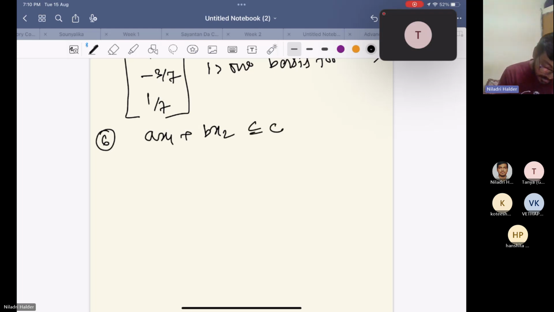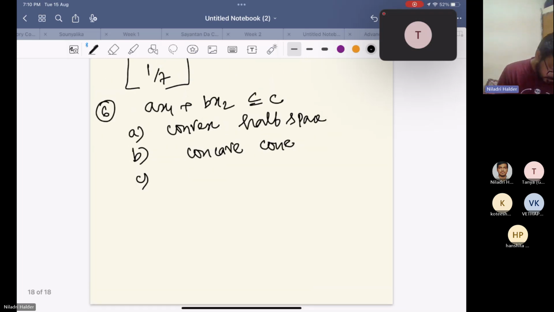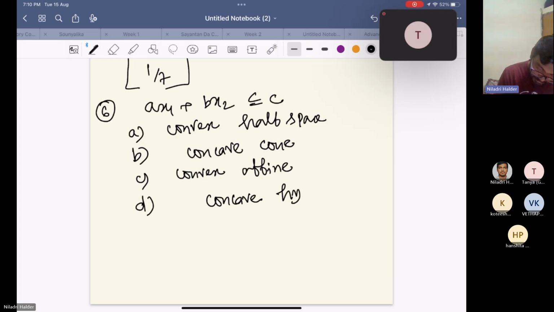So the question is, is this a convex set, a hyperplane? B is a concave cone. C is a convex affine. D is concave. Hyperplane.